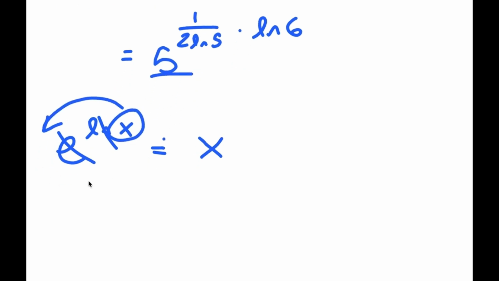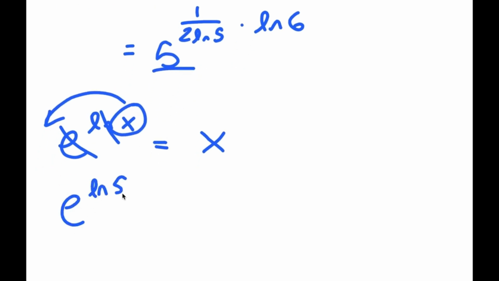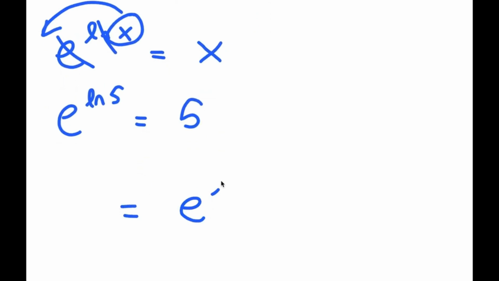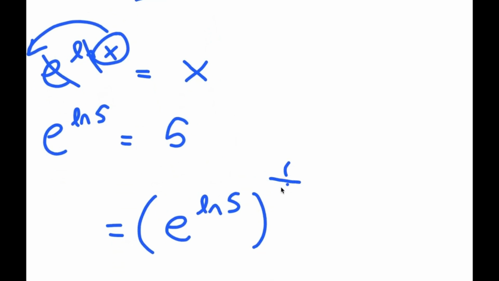So if I have something in the form e to the ln 5, this means that this is equal to 5. So I'm going to rewrite 5 here as e to the power of ln 5. So now I have e to the power of ln 5 to the power of 1 over 2 times ln 5 to the power of ln 6.